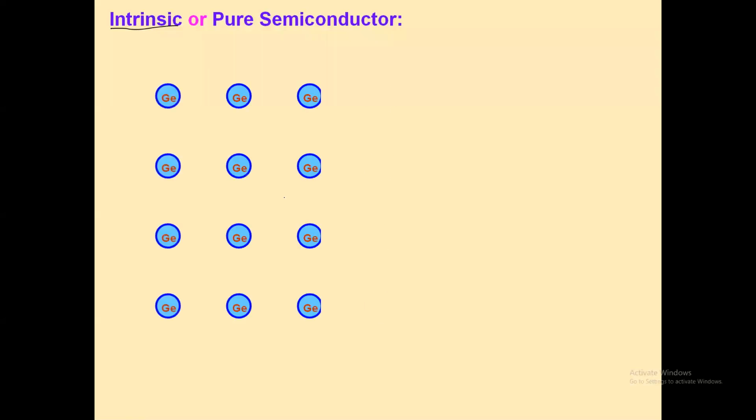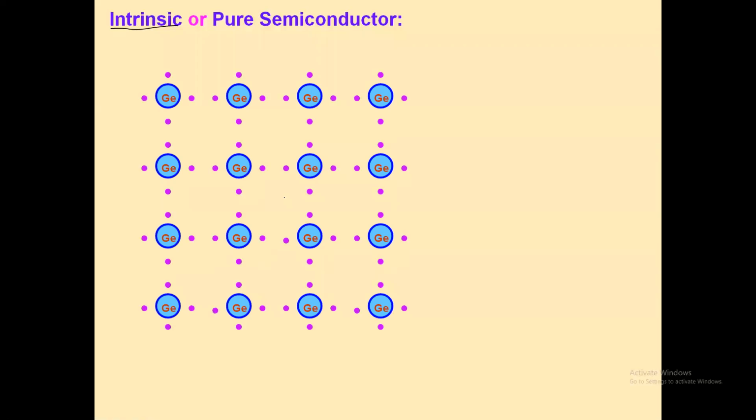Now you can see the atomic structure of a pure germanium semiconductor material, an intrinsic semiconductor. As we know, germanium is a semiconductor, so every germanium atom has 4 valence electrons, and in this crystal structure, every germanium atom creates covalent bonds with 4 neighboring germanium atoms. By creating 4 covalent bonds with 4 germanium atoms, the germanium atom becomes stable; it completes its octet.